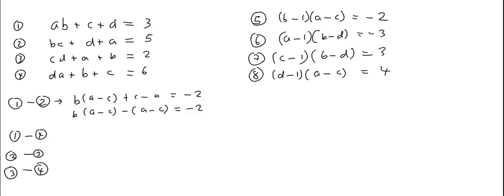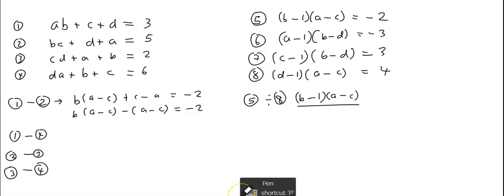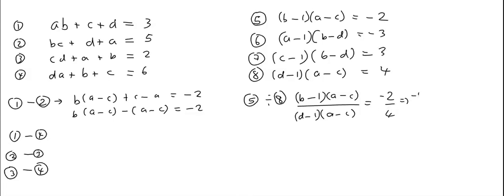And if we now look at equations 5, 6, 7, and 8, we can see that if we do 5 divided by 8, we get B minus 1 lots of A minus C over D minus 1 lots of A minus C equals minus 2 over 4. So minus 1 over 2 equals B minus 1 over D minus 1.